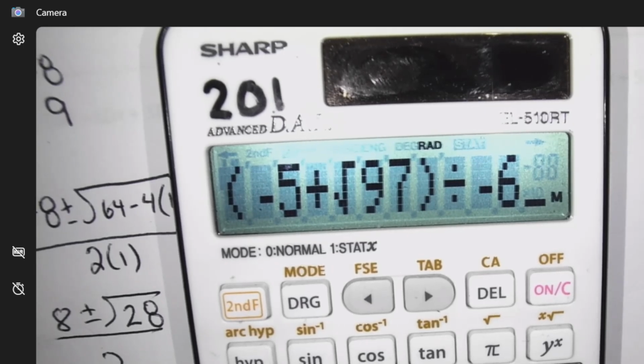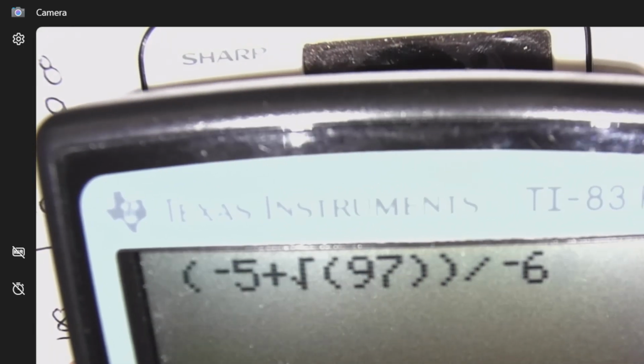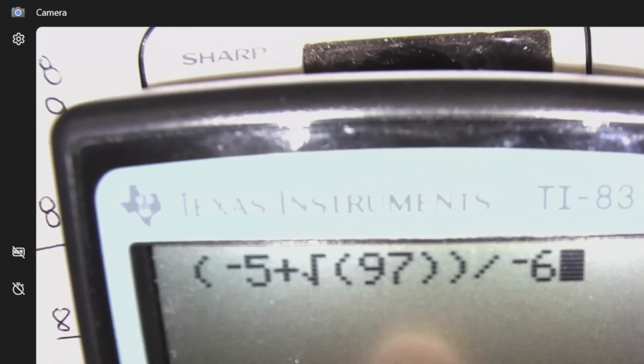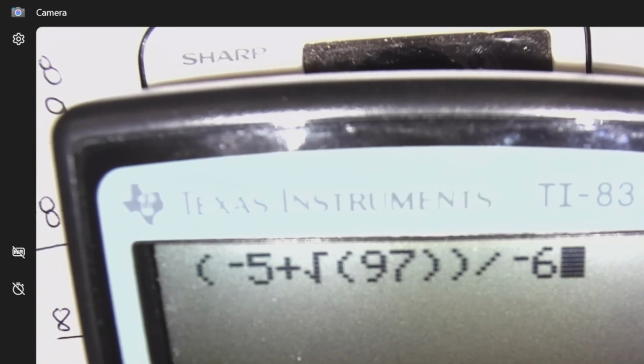Do you know what I mean? My other calculator that I have is a brackety one. So here's what it would look like if you have a brackety calculator.